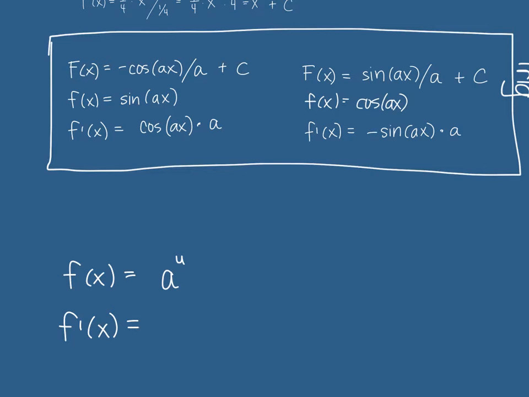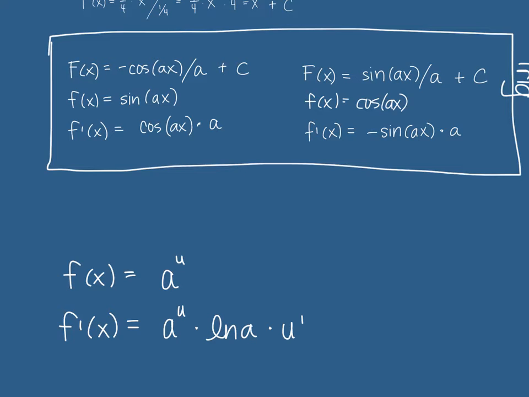The derivative of an exponential is a to the u itself multiplied by what two things? Not quite. Okay, multiplied by the natural log of a, and multiplied by what other thing? U prime, okay? The chain rule, which was u prime.